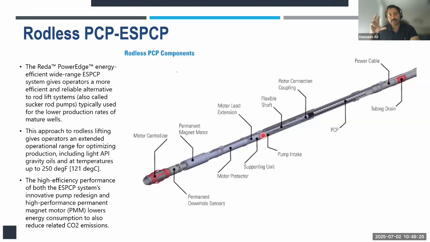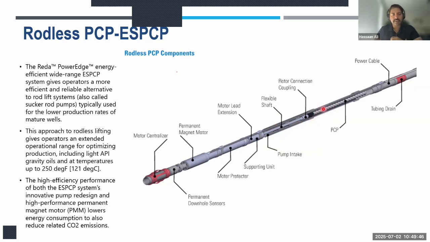Variable gas separator is a special type of downhole gas separator that can actually reduce the gas that is being ingested into the PCP. It has a special geometry, based on the viscosity of the fluid and the pressure of the fluid. It will push the gas out through the ports, and it will just push the fluid through the PCP.